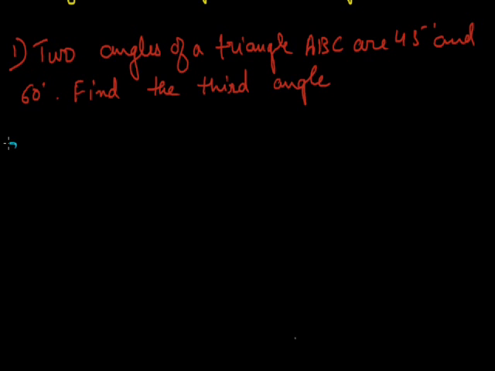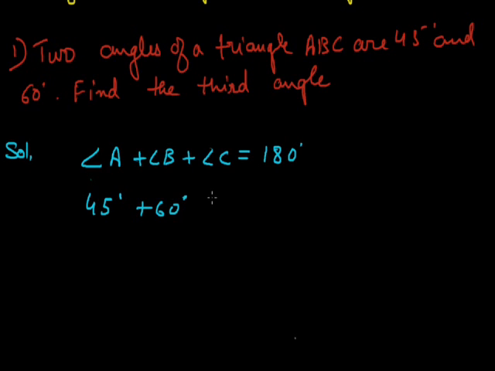So we can write that angle A plus angle B plus angle C will be equals to 180 degree. Now angle A is 45 degree plus 60 degree plus angle C, which we have to find, is equals to 180 degree.